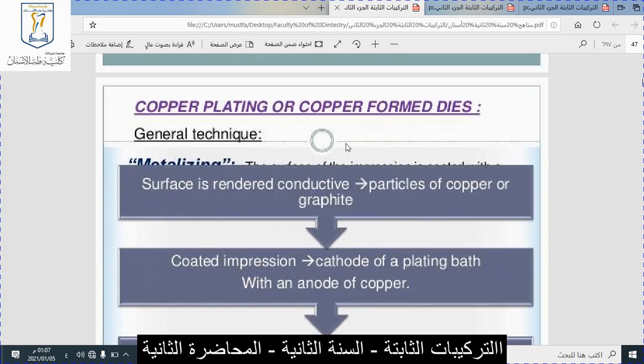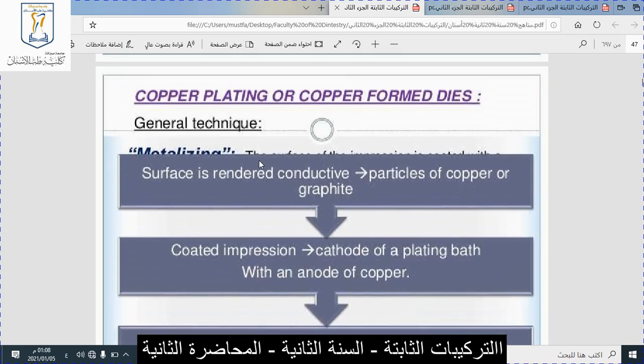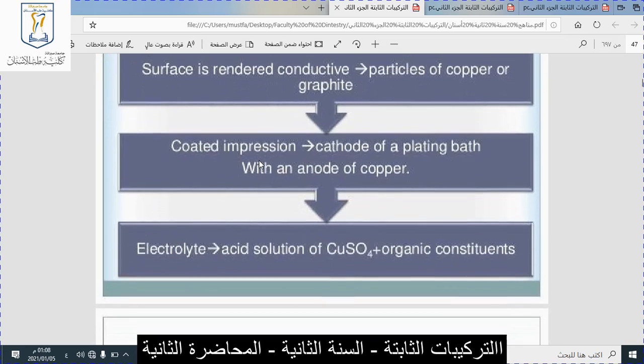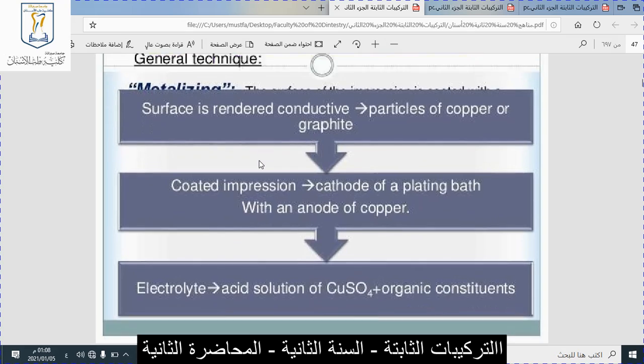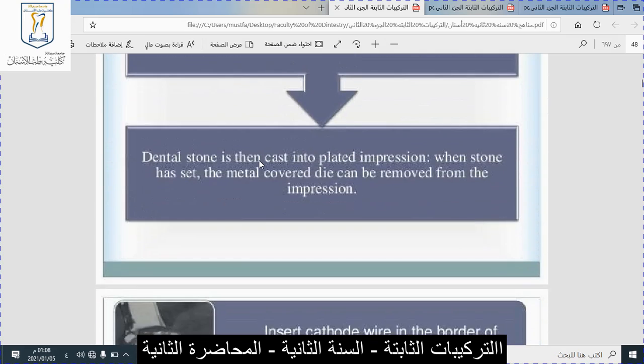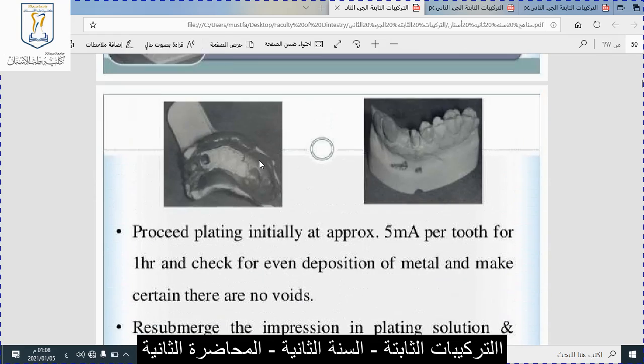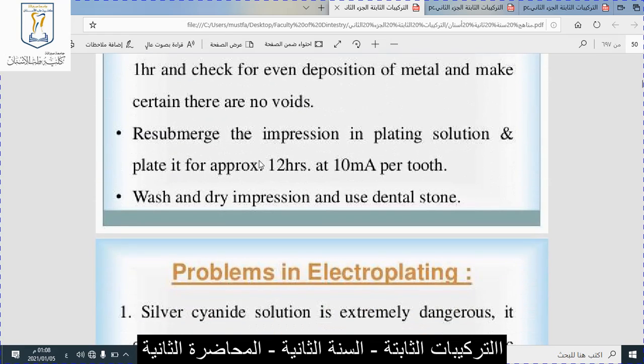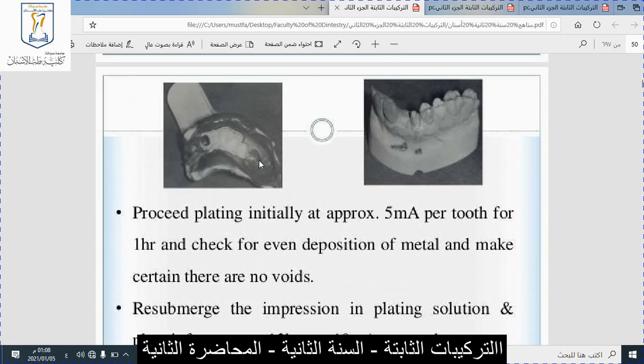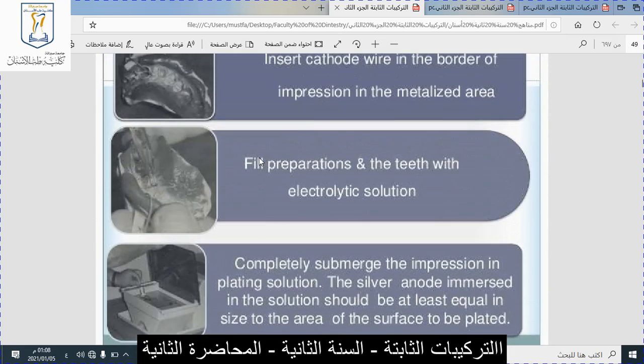Copper plating dye is the dye plated with copper. You have to read about this and know about it. It is the silver plating dye or copper plating dye. It can be plated with silver or plated with copper.